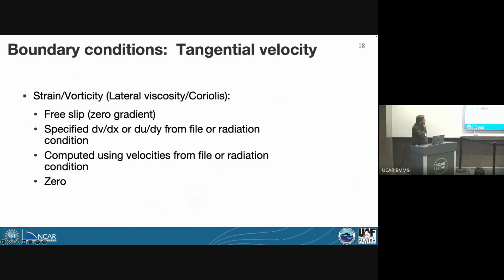I think most of the time people will end up using the same radiation nudging condition that I introduced earlier. Another option is always to use zero gradient when you don't know what to do. That's usually what you end up doing. So essentially, you're saying that your condition at the boundary is the same as just inside in the model that you're running.